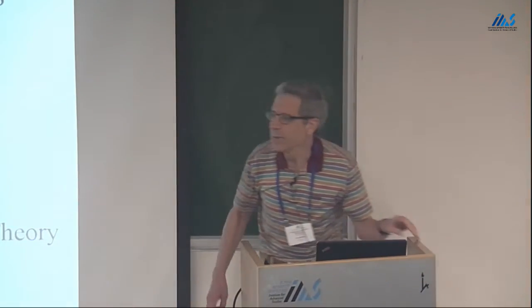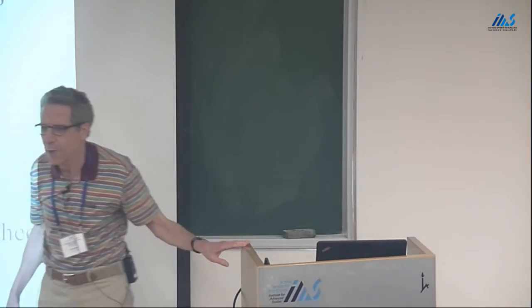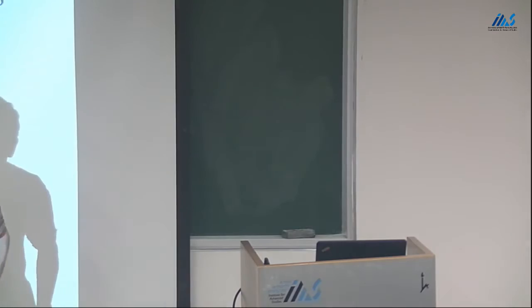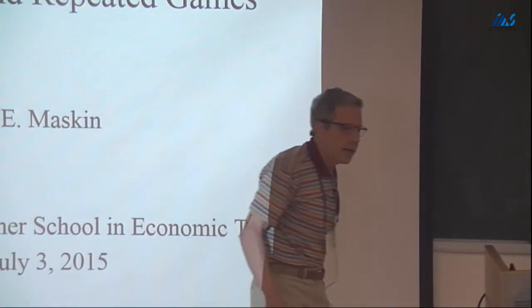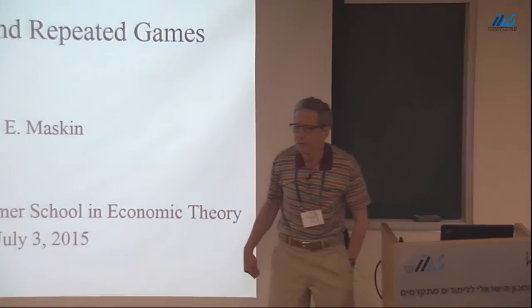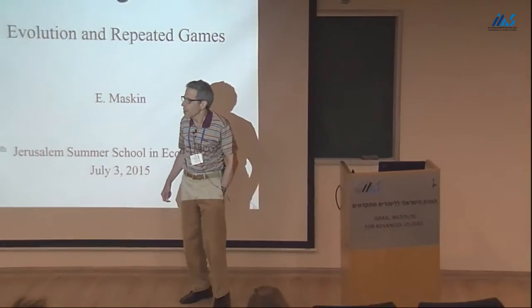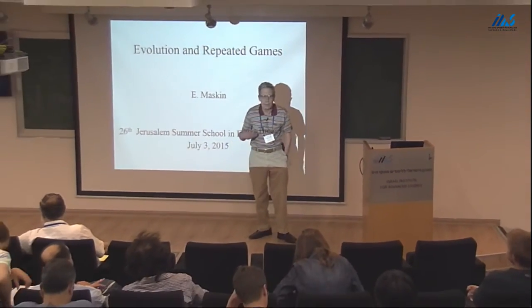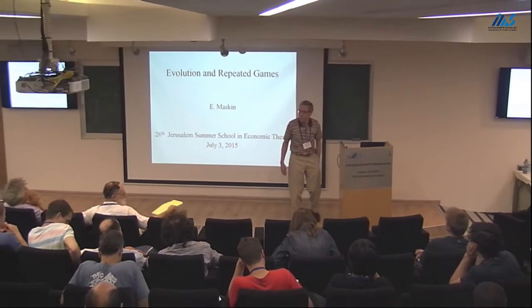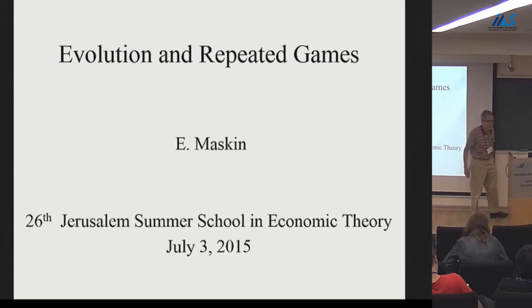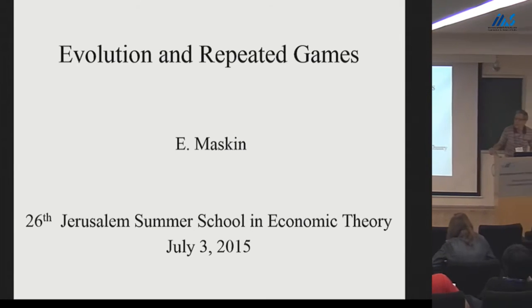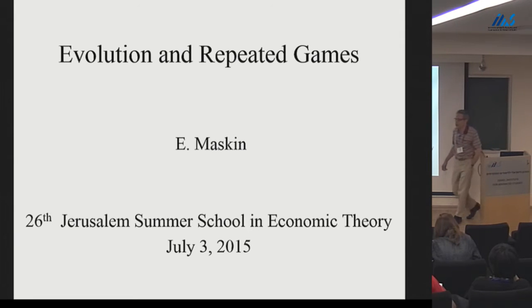So what I'm going to talk about here comes back to the distinction I think Sergio was making about the different ways that we might think an equilibrium, a Nash equilibrium, could be reached. Roughly speaking, there are three such ways.